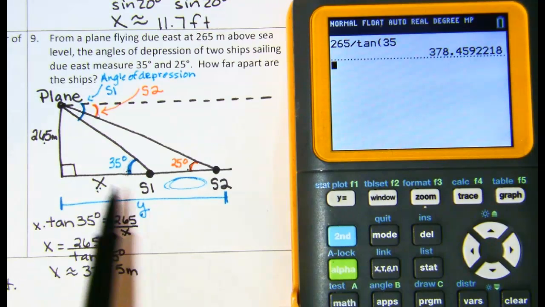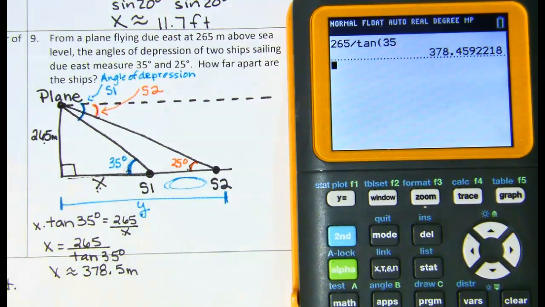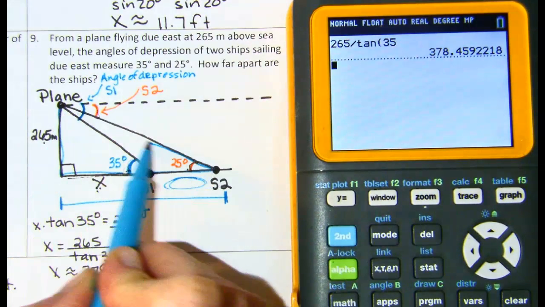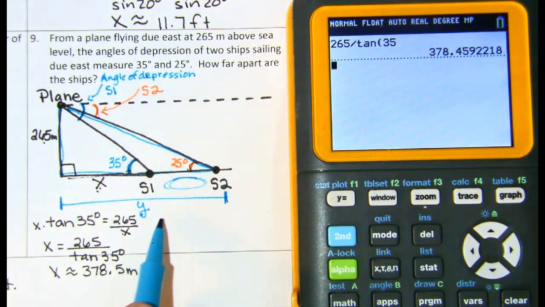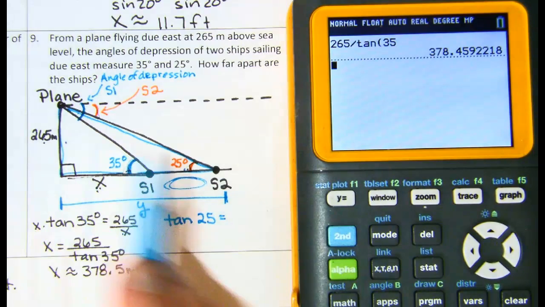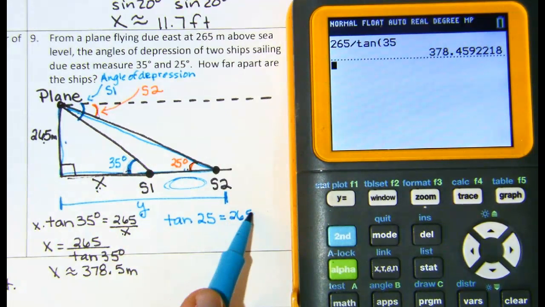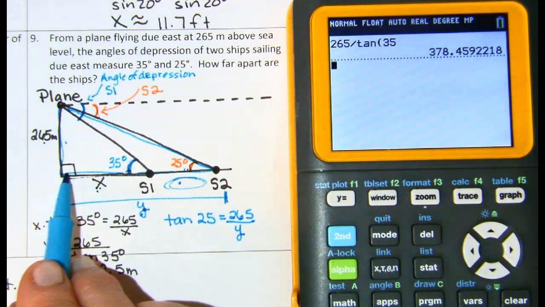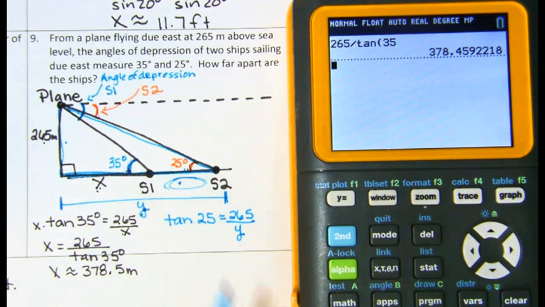Now, that's just x. Now we're going to find y. We're dealing with this bigger triangle, this whole big thing here. So tangent 25 equals opposite 265, this time over y. We can't just do this piece because this is the whole bottom of this right triangle.